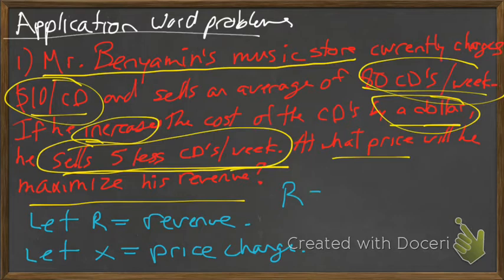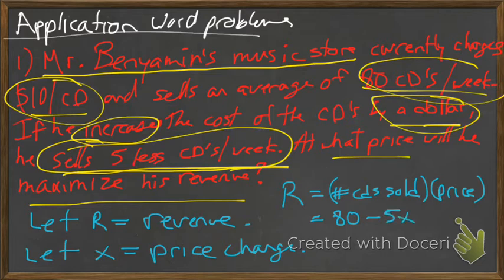R, revenue, is going to be equal to number of CDs sold multiplied by the price. If I actually work that out, it'll be 80 subtract 5x, because x would be the price change, multiplied by 10 plus x.